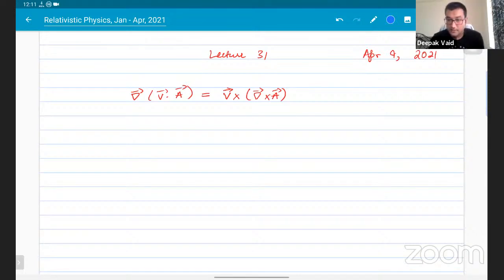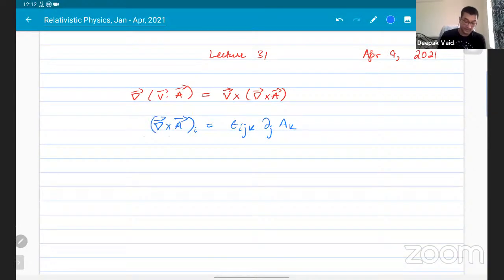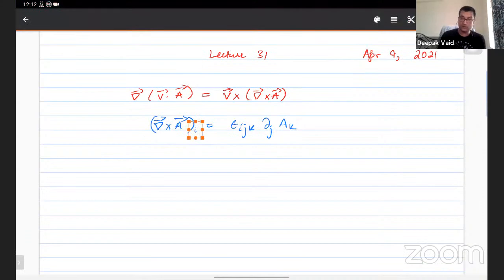Yes, sir. Okay. So I will use the epsilon tensor to do this. Okay. And so you can see that if you take the curl of A and you take the ith component of this object, it can be written using the Einstein summation notation and the epsilon tensor in this way.